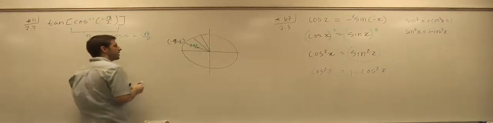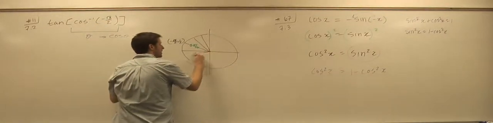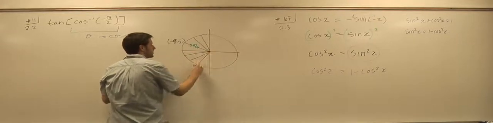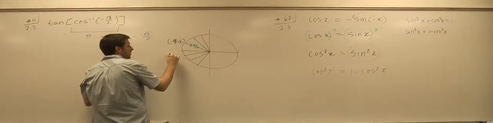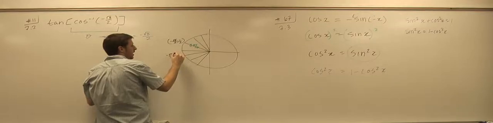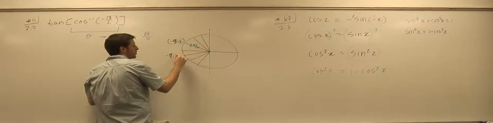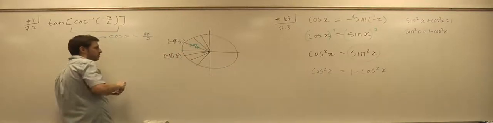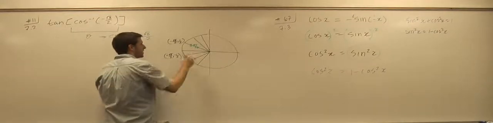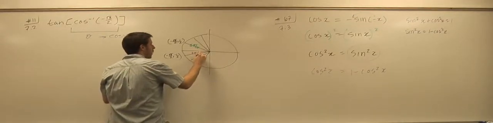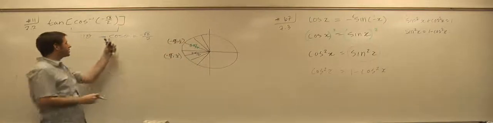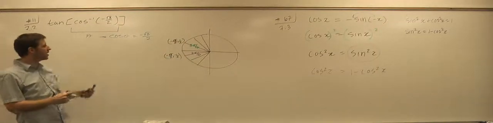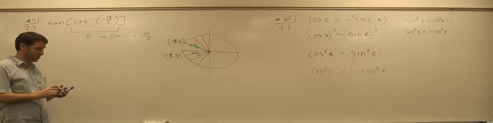Now, quick question: there's another place on the unit circle where the x value is negative root 3 over 2. Right down here, I have an x value negative root 3 over 2, negative 1 half, and this is at 7 pi over 6. Why am I going to choose 5 pi over 6 for the answer to this first part and not 7 pi over 6?